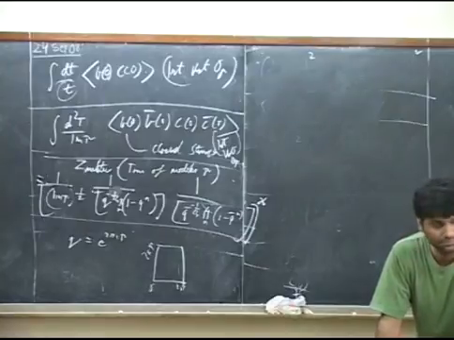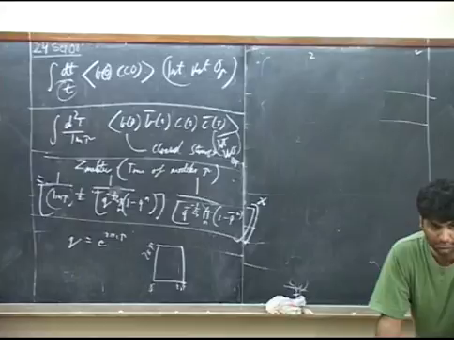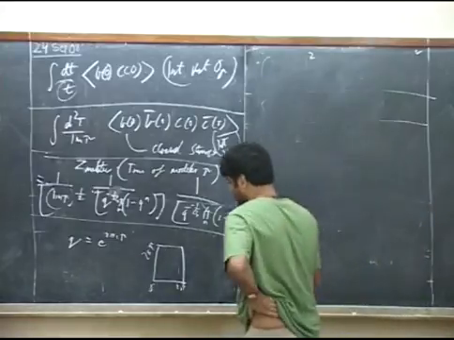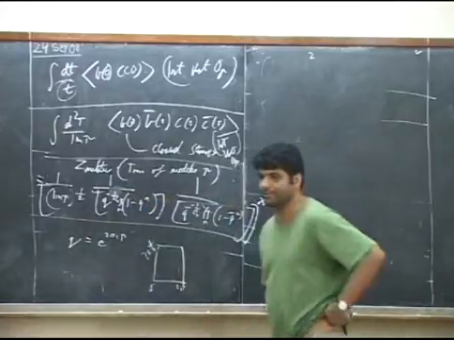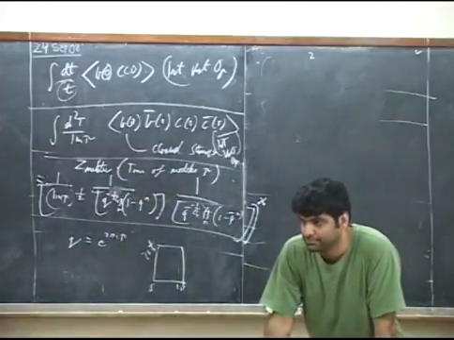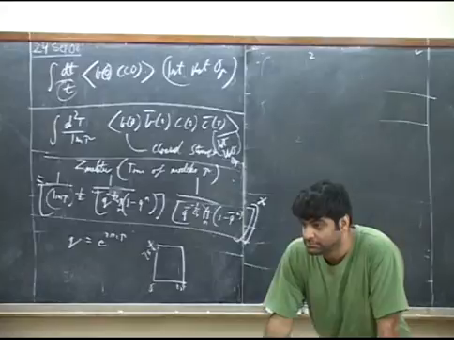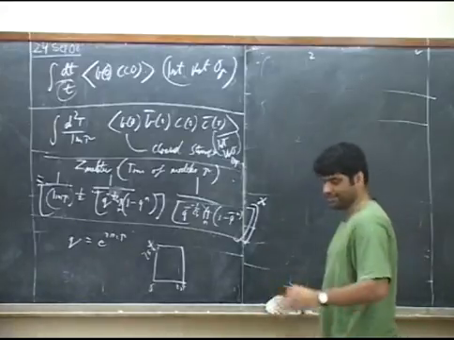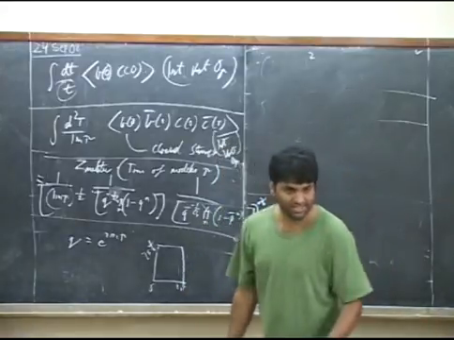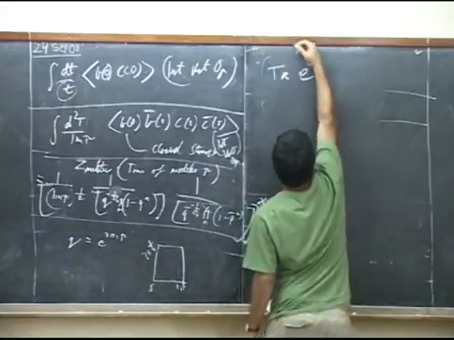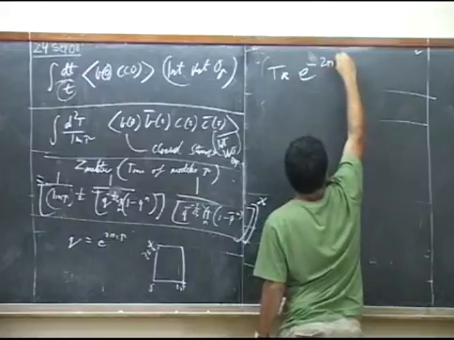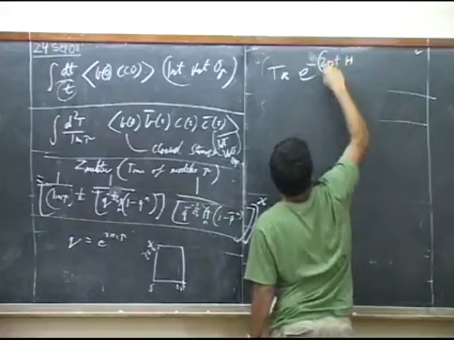So this is 0 to 2 pi, and this is 0 to 2 pi tau. Let's call this 2 pi t, because tau is i t. So 2 pi t is beta, and it is living on a circle. Let's say that we take the system to be living on a circle of size 2 pi. So it would be the trace of e to the power minus 2 pi t times H.